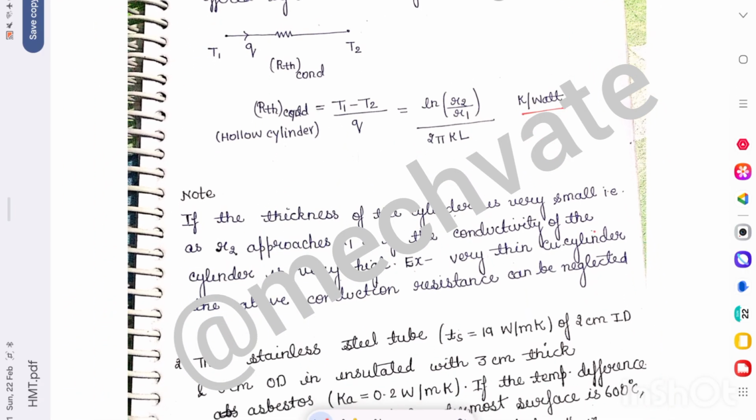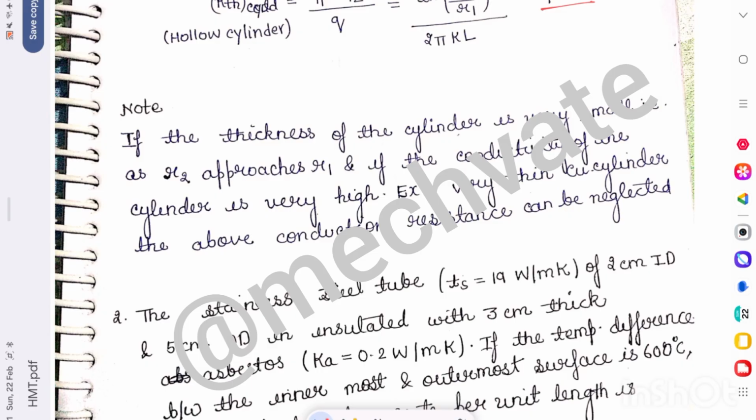So let's read some notes. If the thickness of the cylinder is very small, that is R2 approaches R1, and if the conductivity of the cylinder is very high, for example a very thin copper cylinder, the above conduction resistance can be neglected.